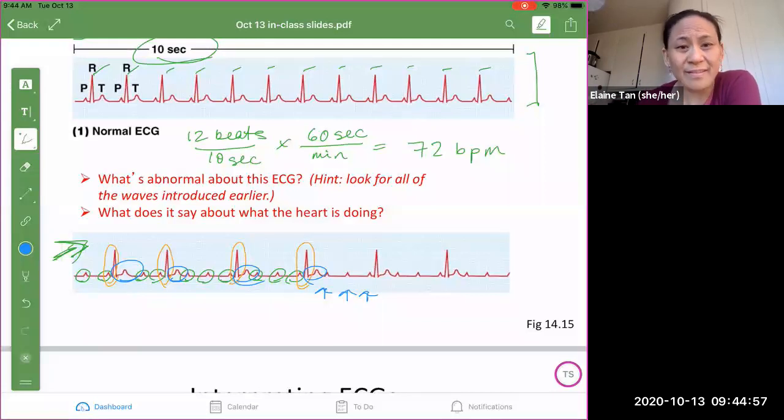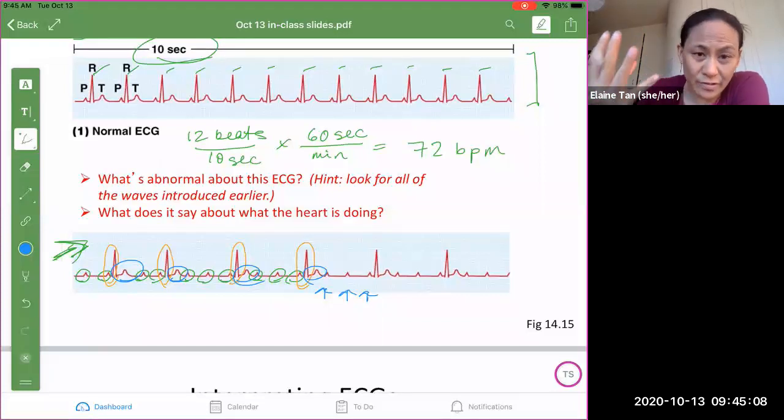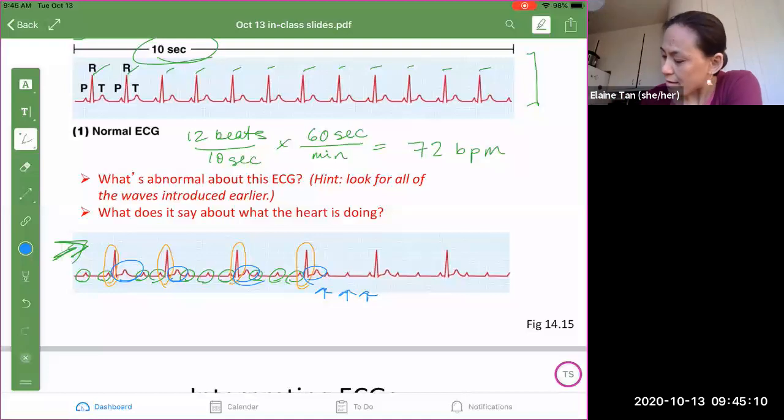So what the heart is doing, basically, whenever we have a P wave, that signals atrial contraction. When we have our QRS complex and T wave, we have ventricular contraction and relaxation. So what's happening is we're just not getting the ventricles contracting every time the atria contract.